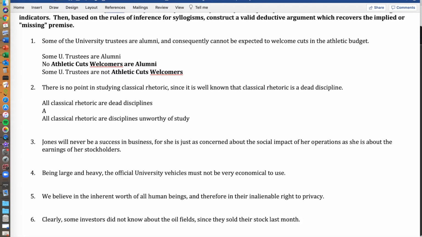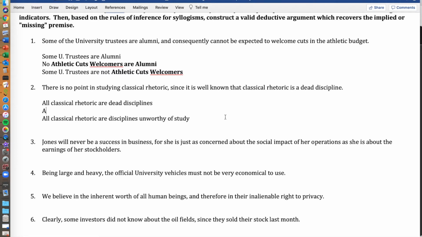Then we have the middle term, which we recognize as dead disciplines, because dead disciplines is not in the conclusion, and dead disciplines is not distributed where it appears in that first premise because it is predicate of an affirmative, which means when it reappears, it must be in a distributed position.